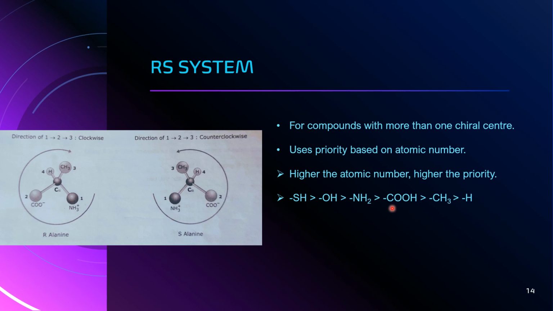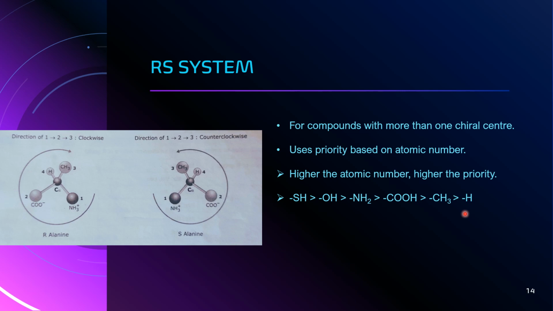So what we do is we add the atomic numbers, and the one with the higher value is given the priority. In the case of COOH, that is C is 6, oxygen 8, 8 and 1. So overall the total value is higher than CH3. So it is given higher priority than CH3 and then H. This is the priority rule.